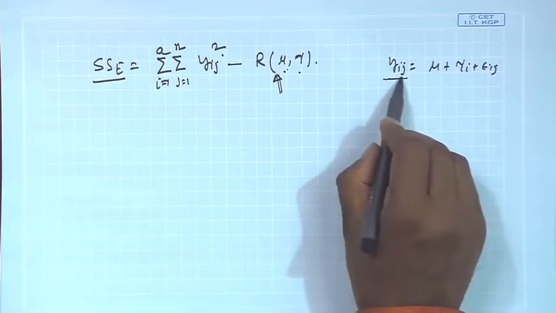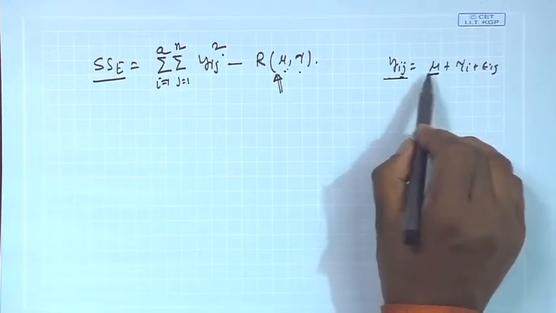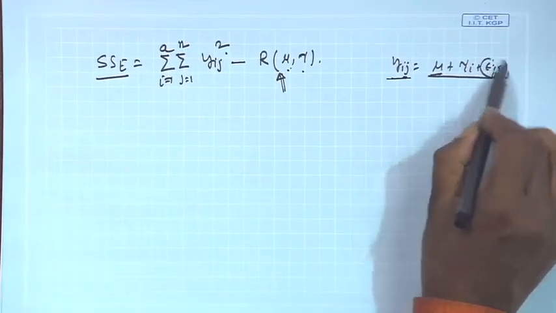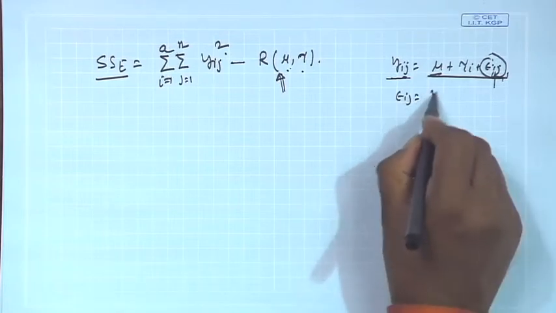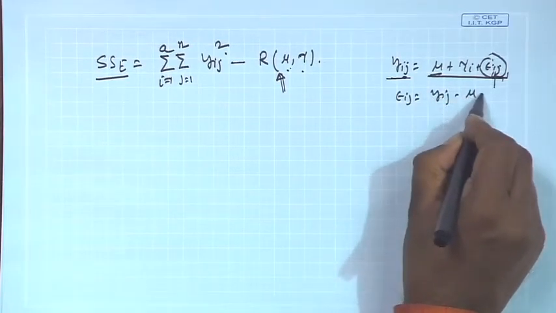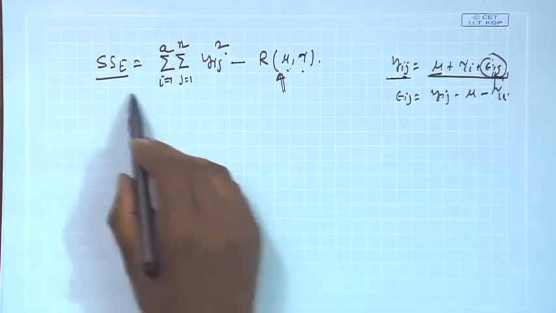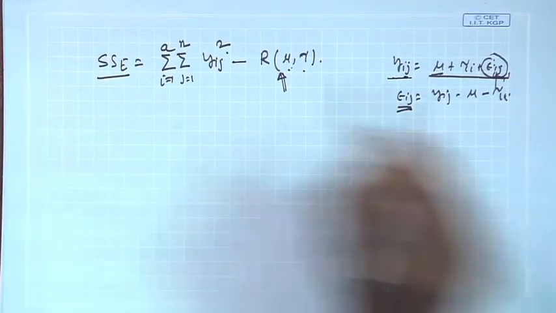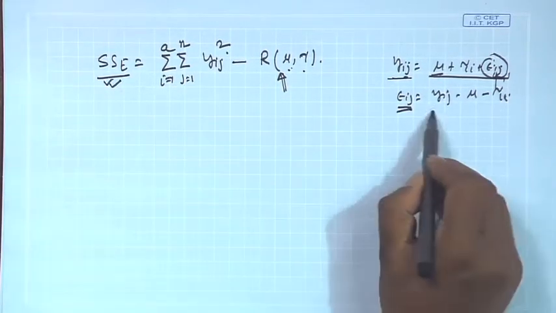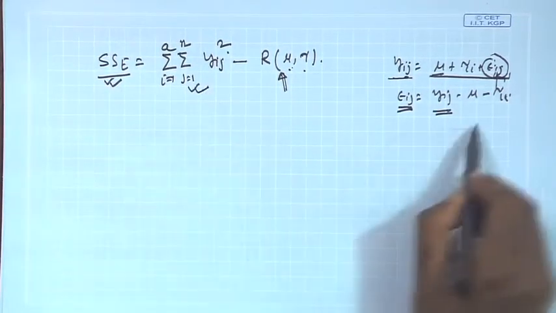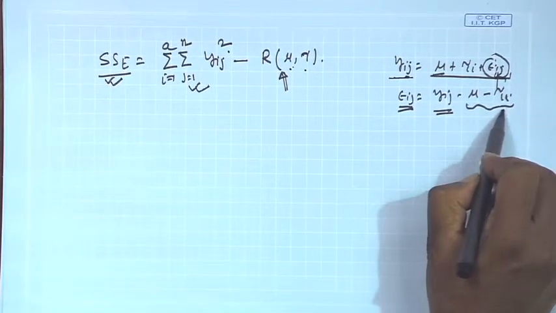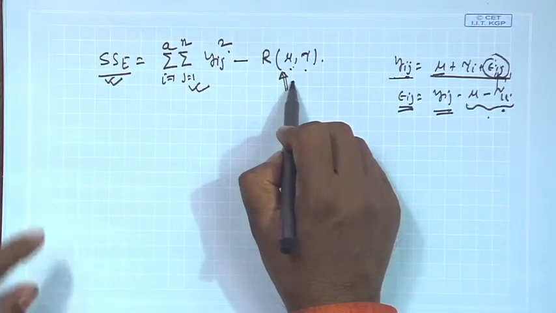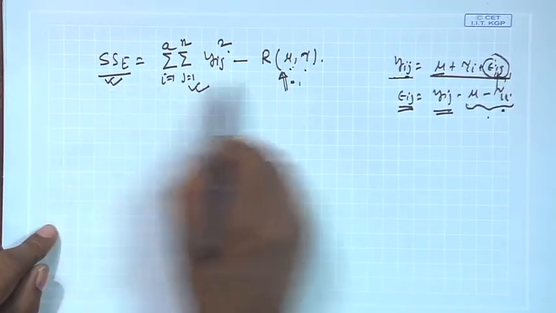I am taking the square of this, and ultimately we want this: epsilon ij equal to y ij minus mu minus tau i. So, if I square this and take the sum, you will get this, and this is the model part, which is coming here. Now you understand. As a result, we are saying this is SSE.